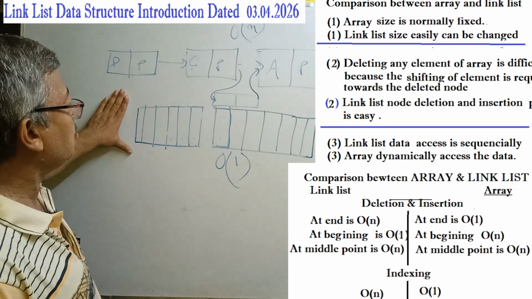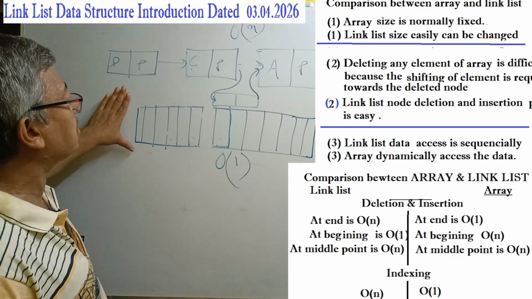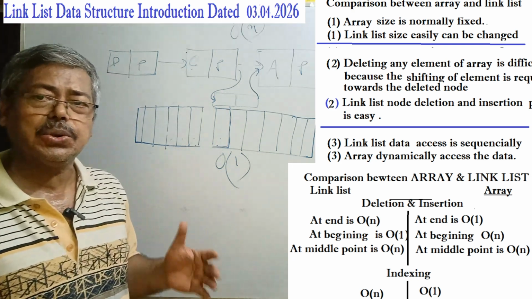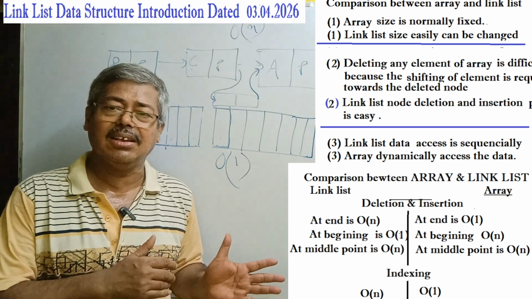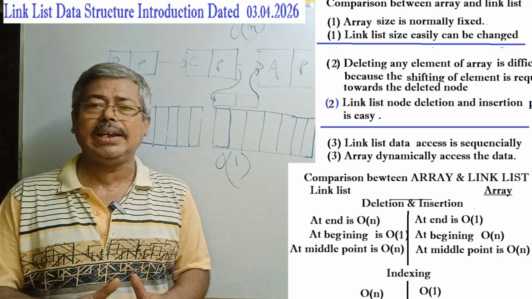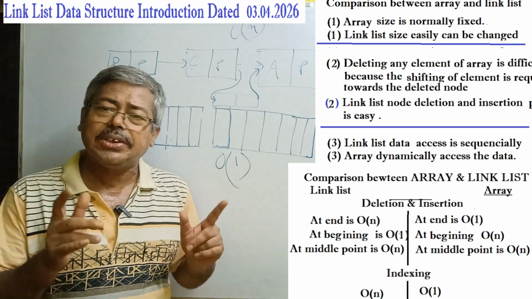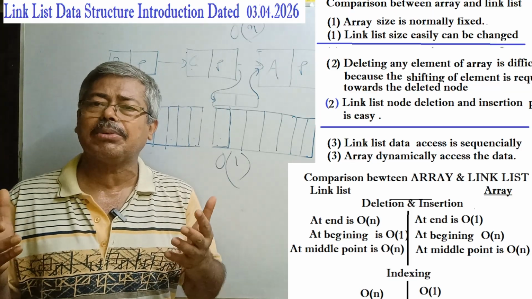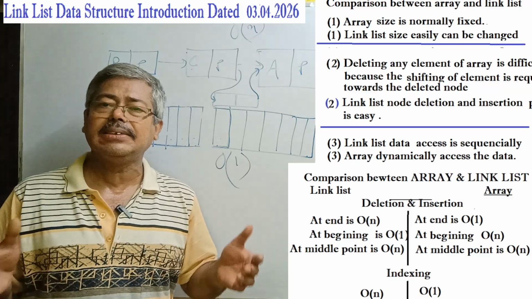And so these are the positions of the linked list, because for some applications the linked list is very easy, and for some applications the array is very easy. The difference is, if we get a contiguous memory location, then the array is the best process.